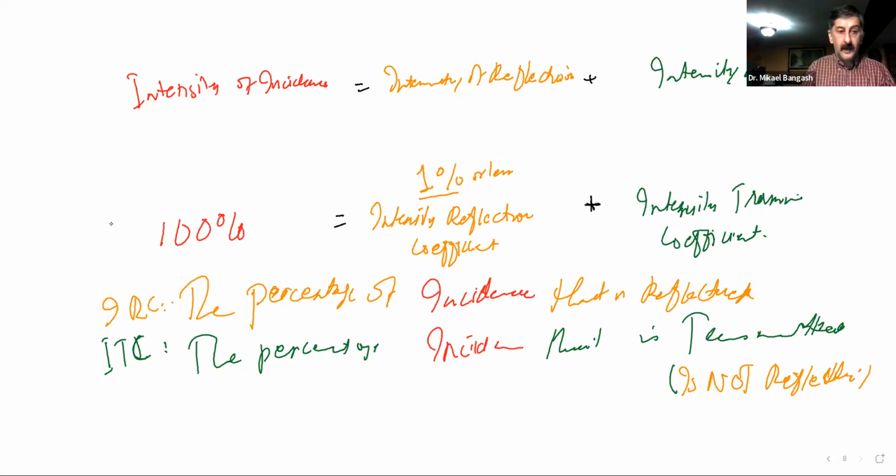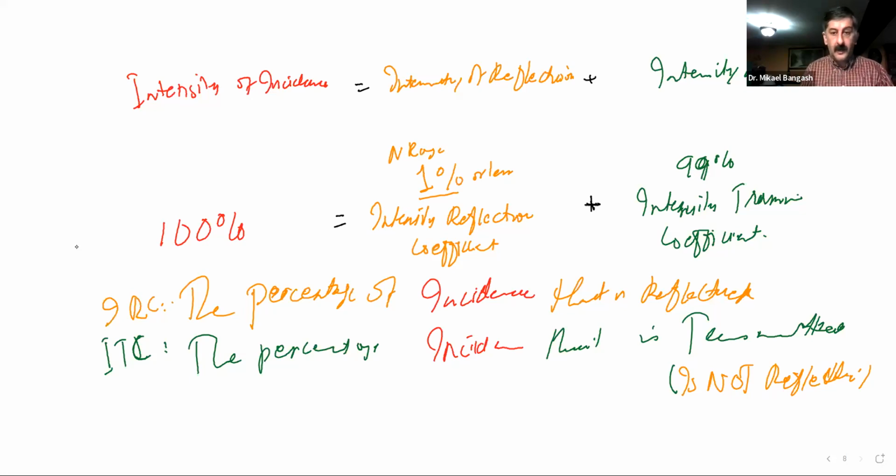That means that 99% of the energy carried by your incidence continues as a transmission. So 1% or less is the normal range of your intensity reflection coefficient.